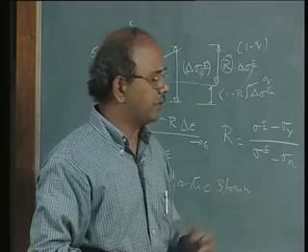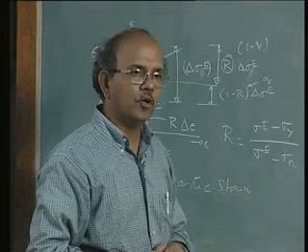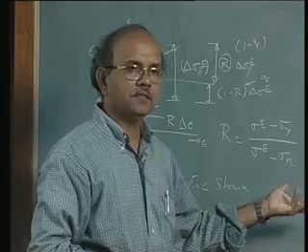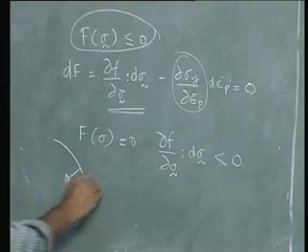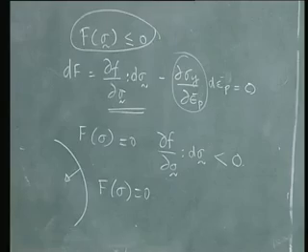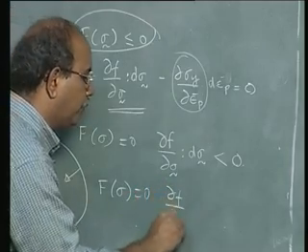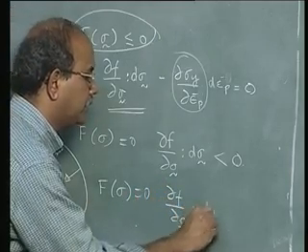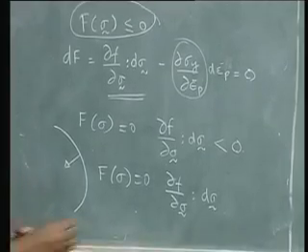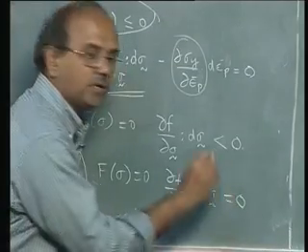What happens in the perfect plastic case when I have to load it? Obviously my f is not going to increase. So when f is equal to 0 and dou f by dou sigma d sigma should be equal to 0, then what is the condition I have?